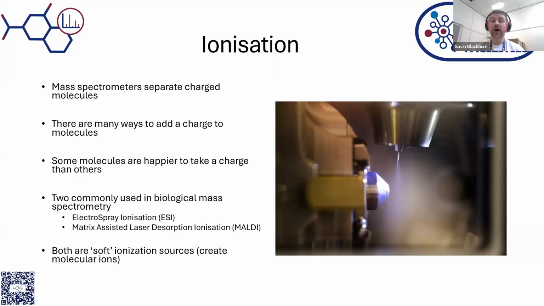Or you can do something called hard ionization. Hard ionization takes a compound and breaks it up. And some of those fragments will carry a charge. And we can detect those fragments within the mass spectrometer. Now, understanding this is really important because this links with how you are going to deconvolute your data.